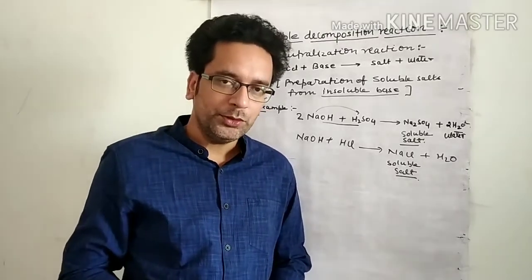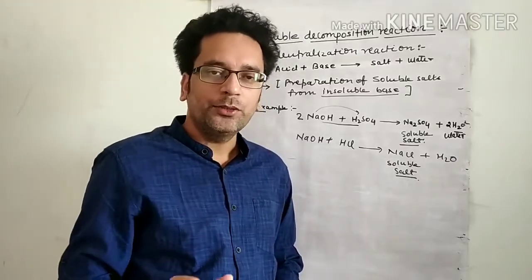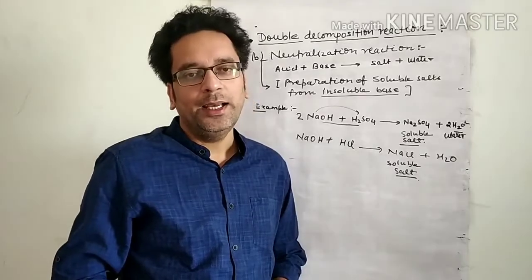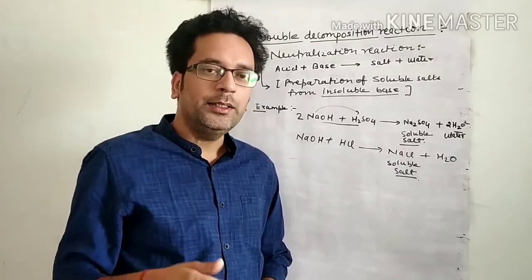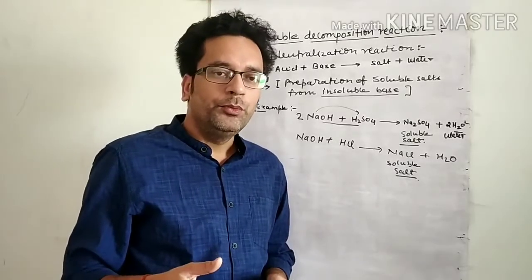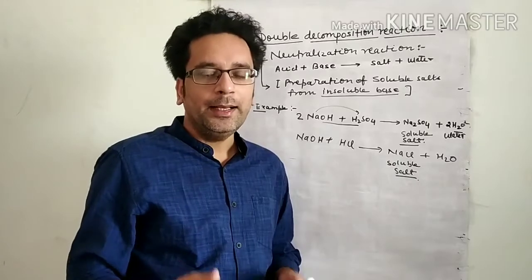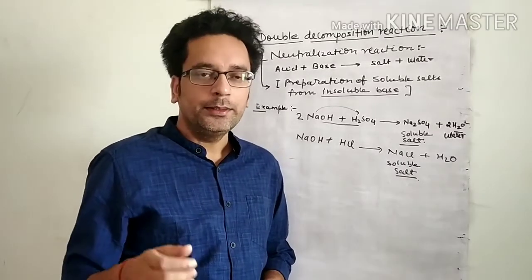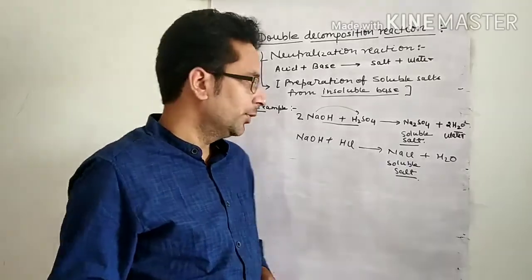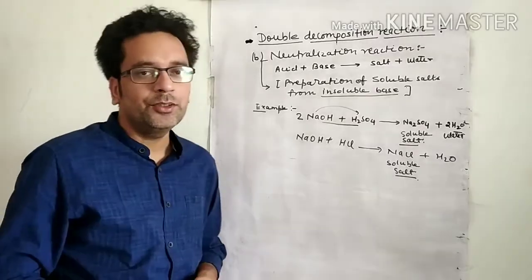Base means the species which, when dissolved in water, give hydroxide ions. But it is also found that there are some compounds which do not contain hydroxide ion but act as a base, and those bases are also insoluble in water. So look here, next example in which bases are insoluble.